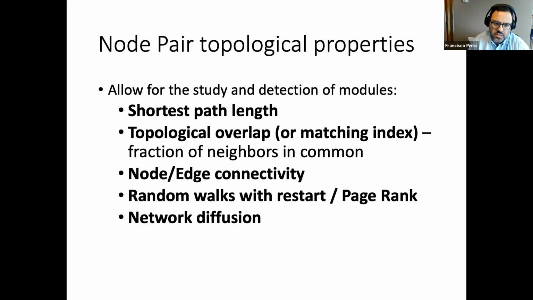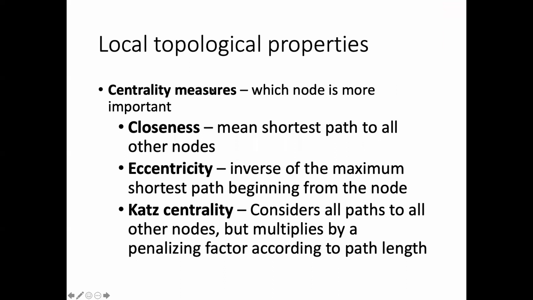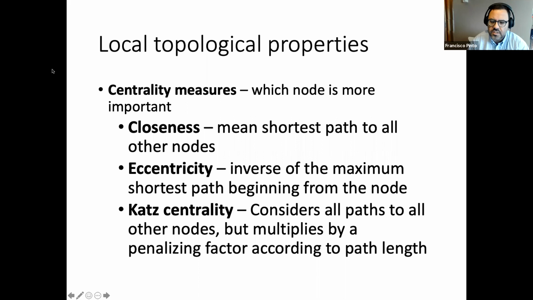What was the other one before Katz? Eccentricity. The concept of eccentricity is very similar to closeness, but now we look at it the other way. So we try to find which is the farthest away point in the network, and then we take the inverse of that.